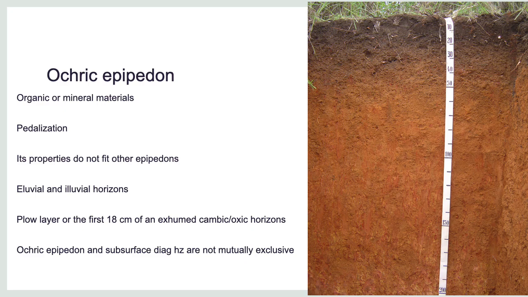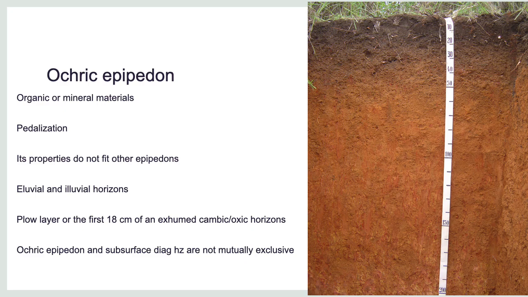So every time that I'm classifying the diagnostic horizons in the field, I need to think of the ochric epipedon last, okay, every time, because I need to try to fit that specific topsoil that I'm seeing at the field. I'm standing on the field. So let's see. Does it fit the criteria of anthropic, no, mollic, umbric, plaggen?